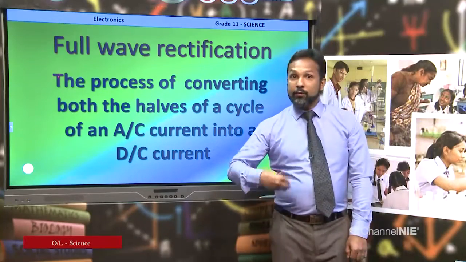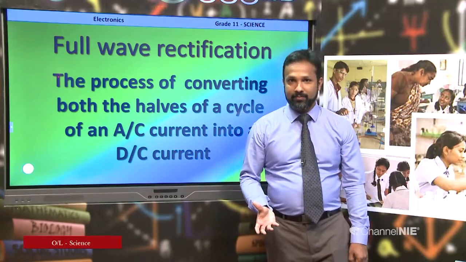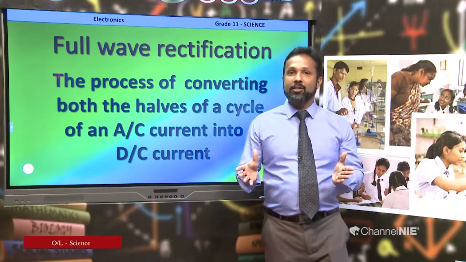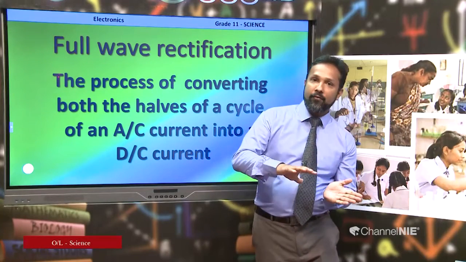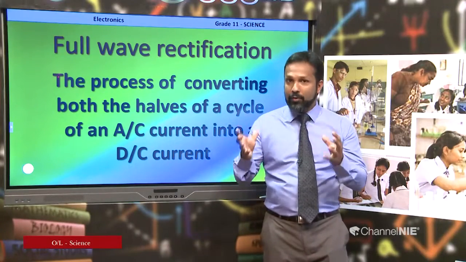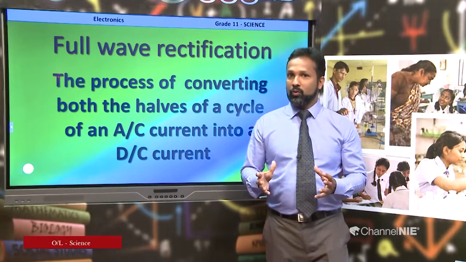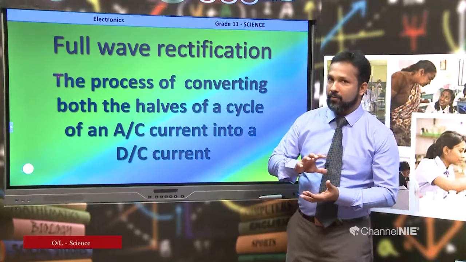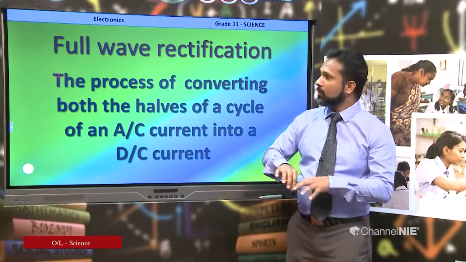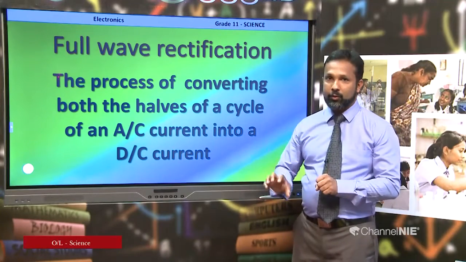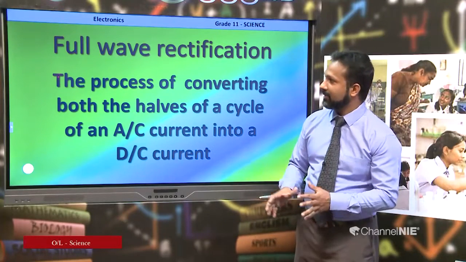Then what is full wave rectification? The AC wave consists of a positive half as well as a negative half. In full wave rectification, we convert not only one half, we convert both the halves of the alternating current into a direct current.